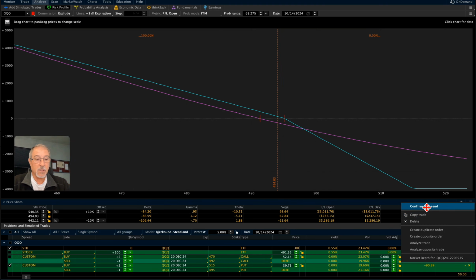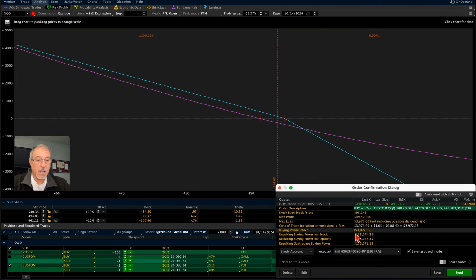If I take a look at this, the cost of this particular trade is $3,900. So again, I can get into this trade for $3,900. It is essentially a short or a bearish position. And I can do this in an IRA. And of course, I can't short stock in an IRA. So this is one of the ways that I could be bearish in my IRA if I wanted to.